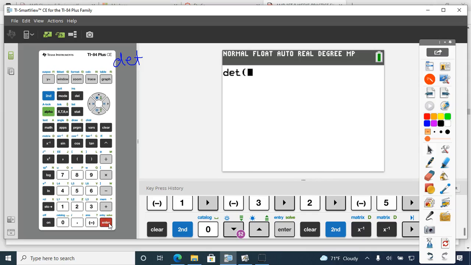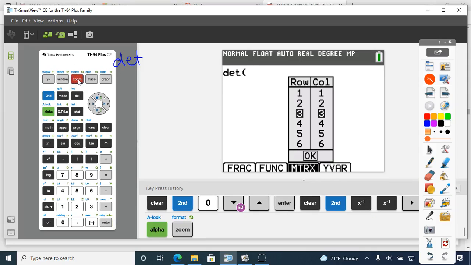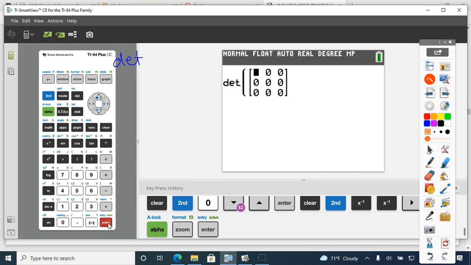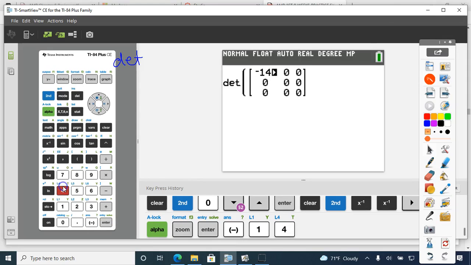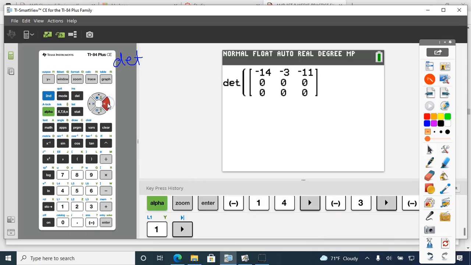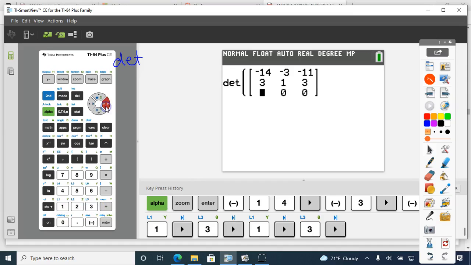Now, what is the determinant? It's the determinant of that matrix. So you're going to put in the matrix. It is a 3 by 3. So you have -14. Again, don't hit enter. Use the arrow to go to the next one. -3, arrow, -11, arrow. Second row is 3, arrow, 1, arrow, 3, arrow.